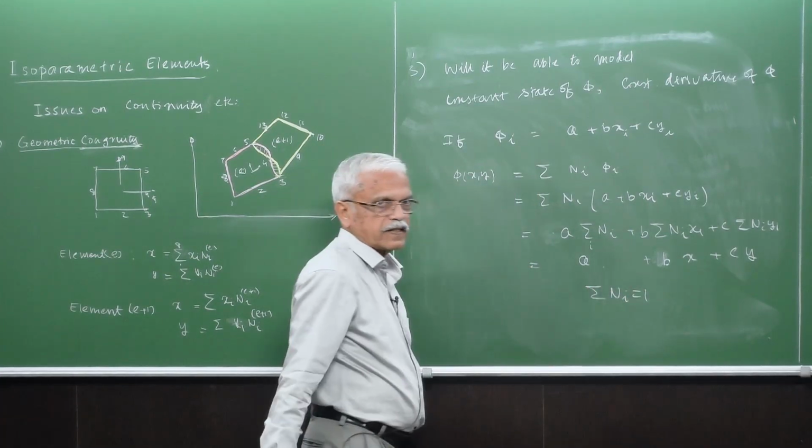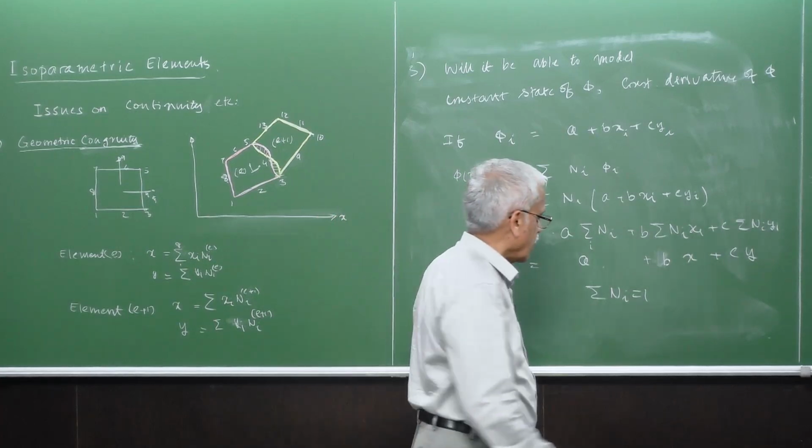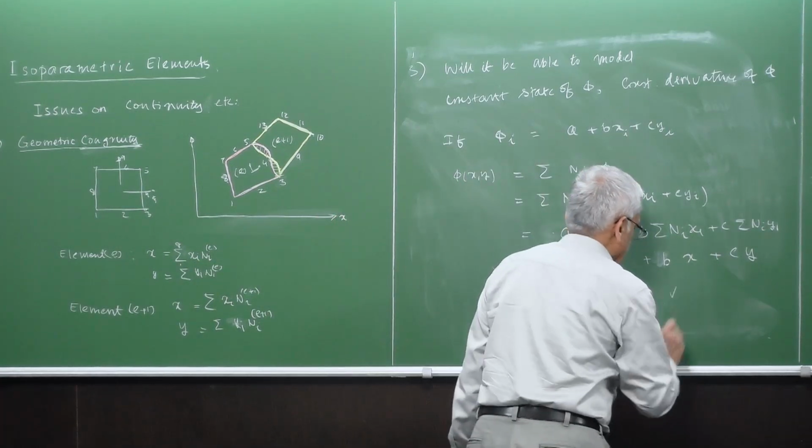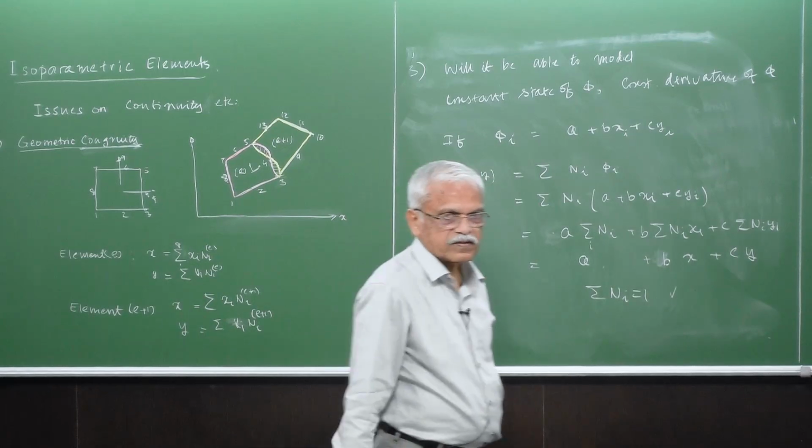We know that the sum of the shape functions is equal to 1. This is always satisfied, and it's indeed so.